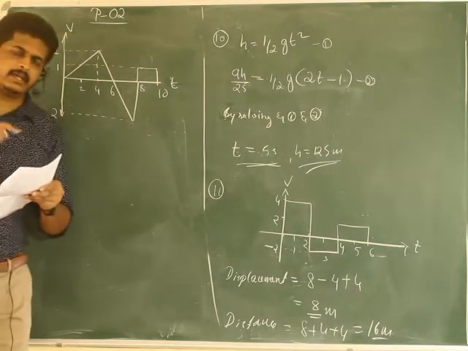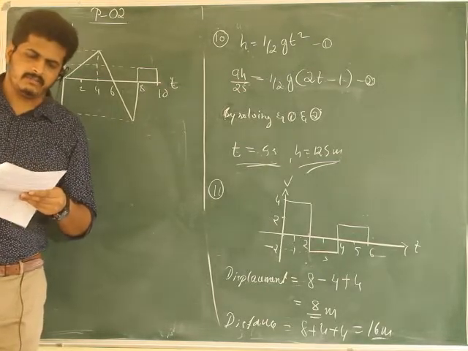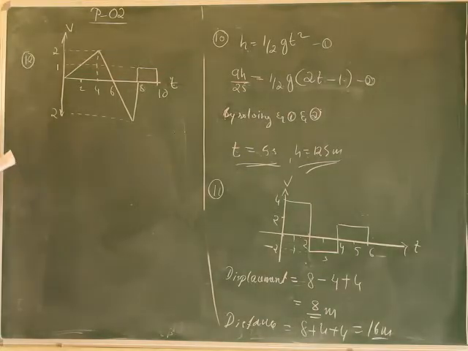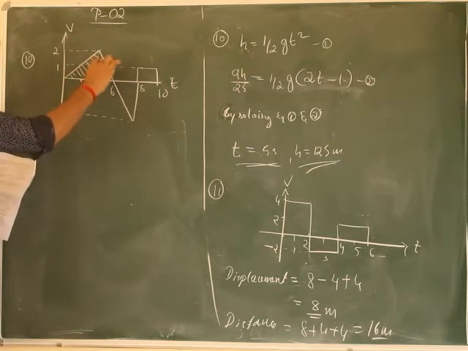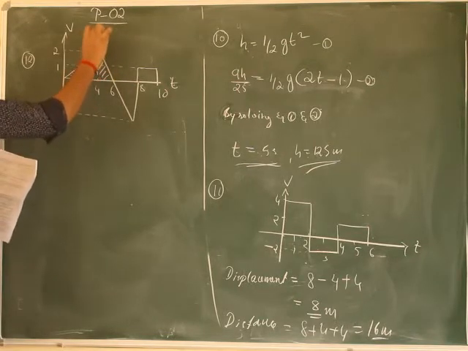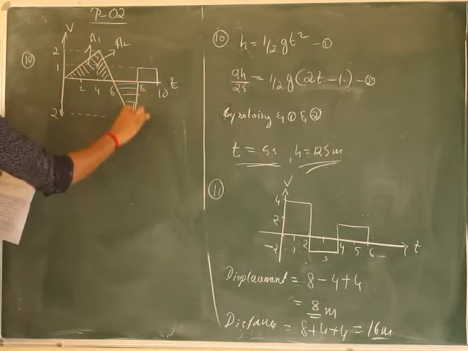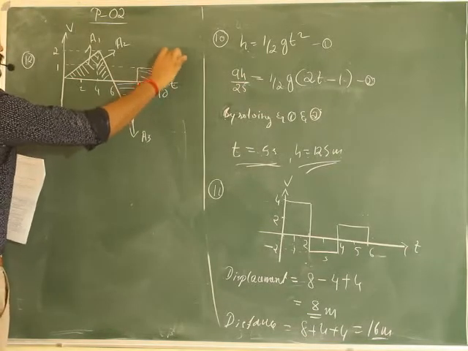What they require in this question: the VT graph of a body moving in a straight line is given below, and the displacement of the body in 10 seconds. That means you are supposed to find the entire area. Displacement they have asked, no. So displacement is direction dependent. That is why first calculate this area A1, this area A2, A3, A4.